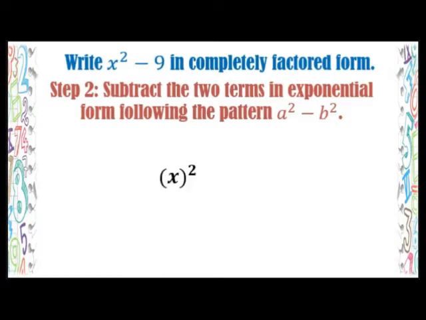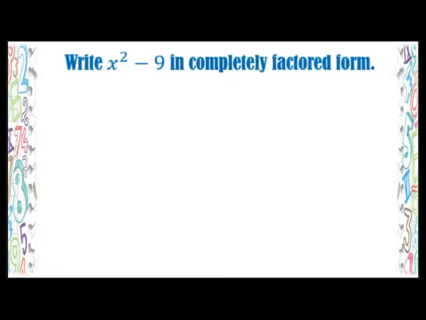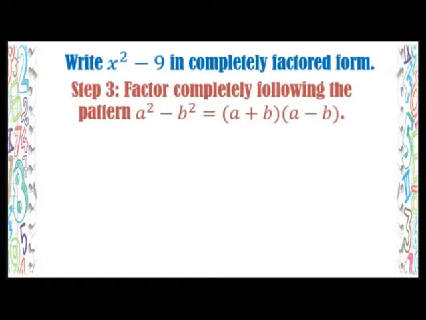So we have a squared, that's x squared, and then for b squared, that is 3 squared. Factor completely following the pattern a squared minus b squared is equal to a plus b times a minus b.